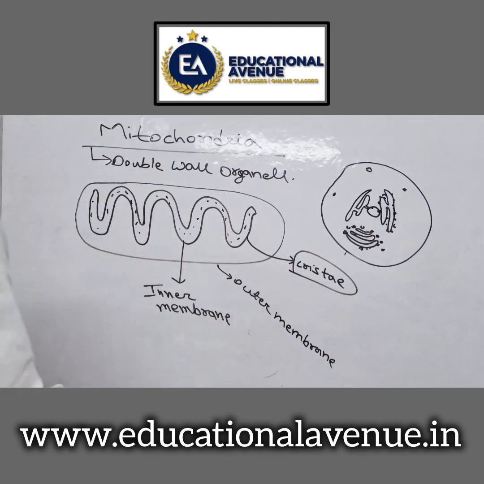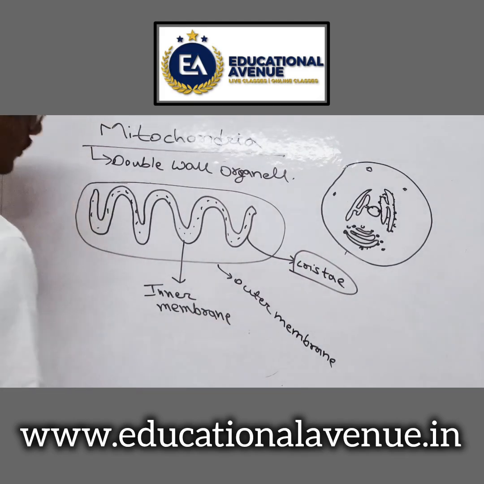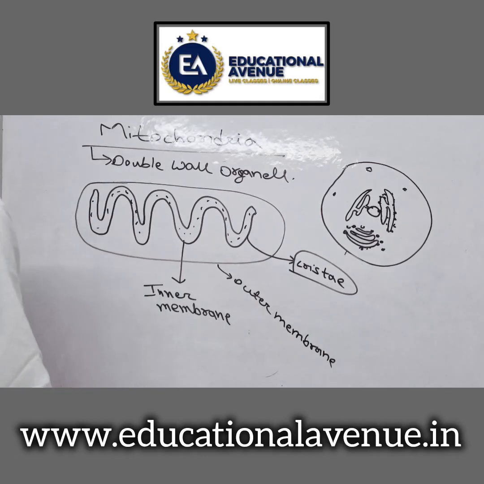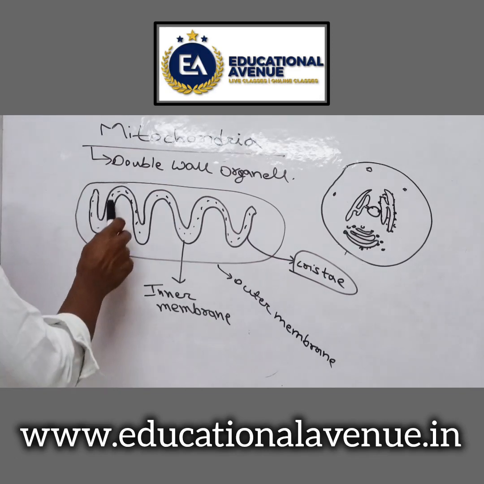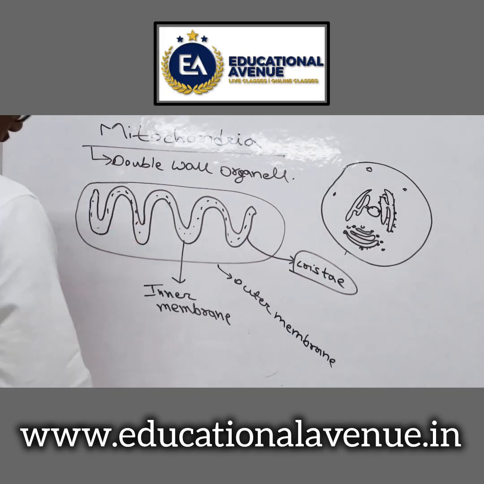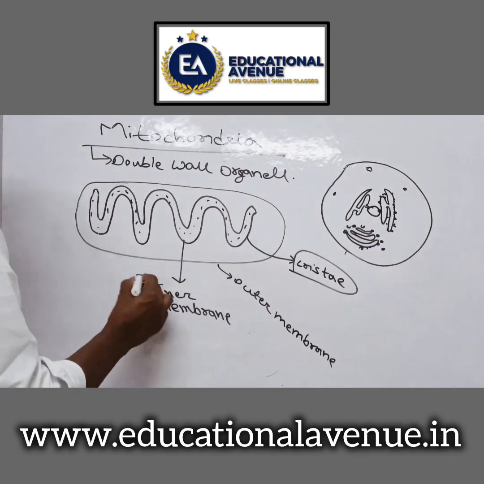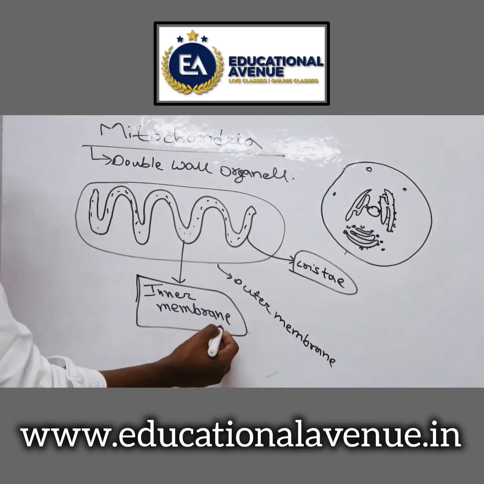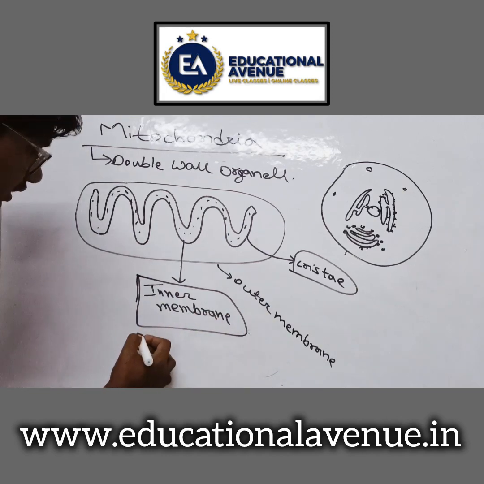Now we will see the function of mitochondria. Basically this mitochondria is responsible for aerobic respiration. The inner mitochondrial membrane, means this inner membrane, will do the function of aerobic respiration.